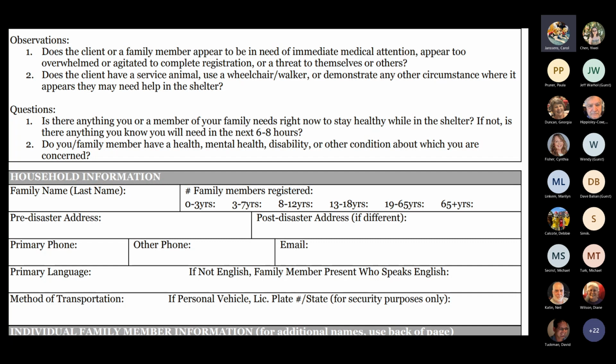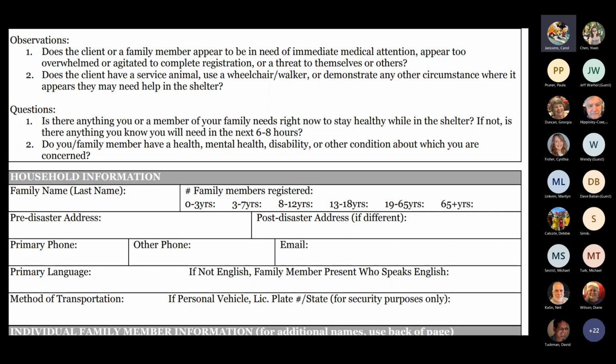It's anybody who lives together in that housing. So it could be a married couple, two families that are sharing a household, or a grandma or an aunt or uncle or a roommate situation. Those would be your household.